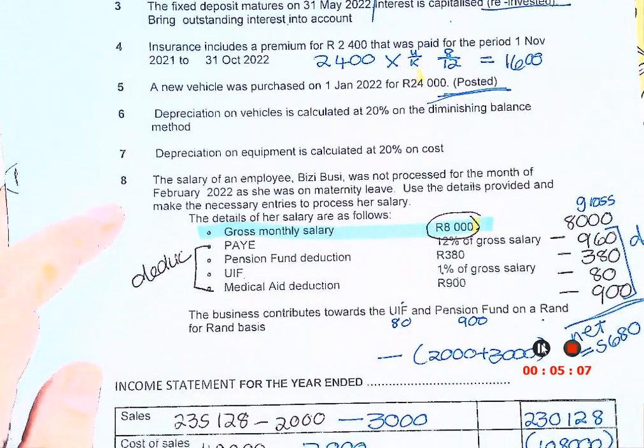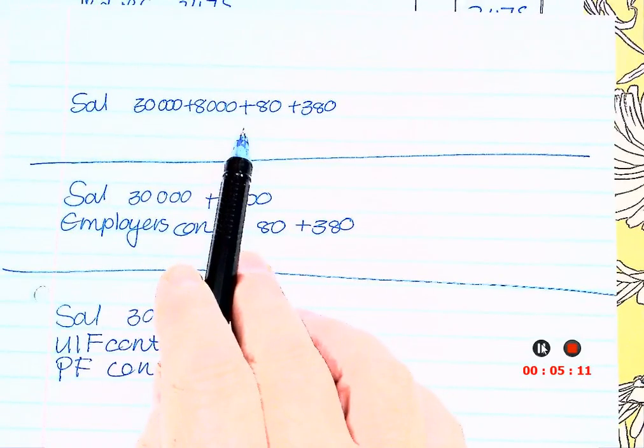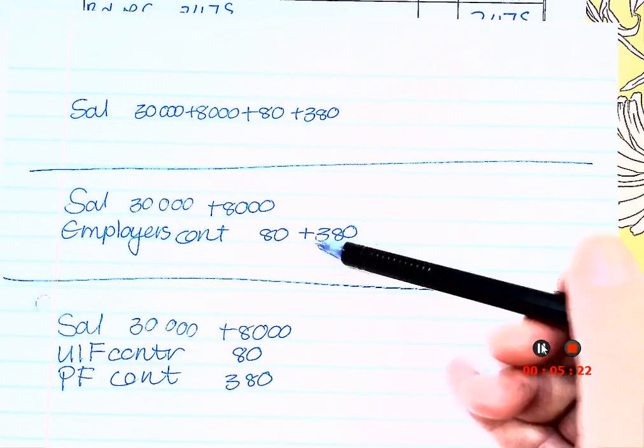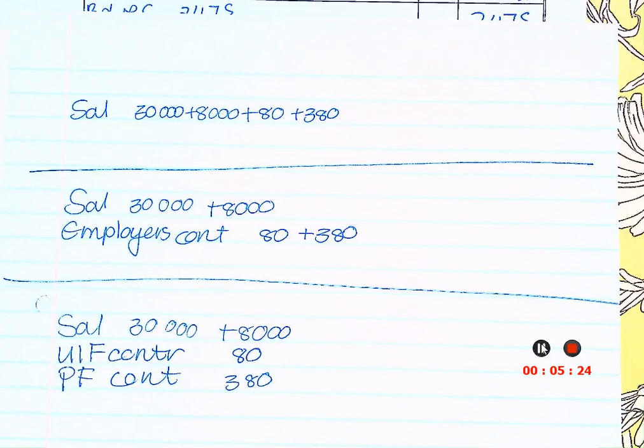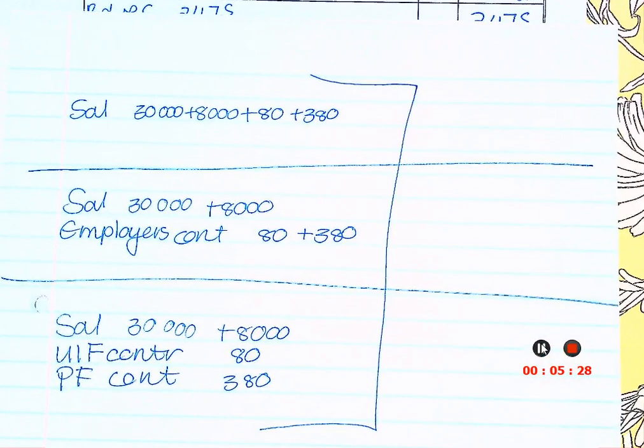When they say contribution is added to the salaries, then it's this one. I prefer this one, it's shorter. Always add the contributions to the salary, always, unless otherwise stated. But all of this, in the end, adds up. Can you see all of them? It's going to add up to the same total expense, 38,460.